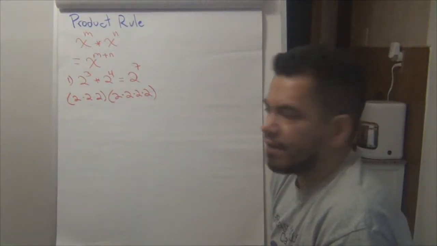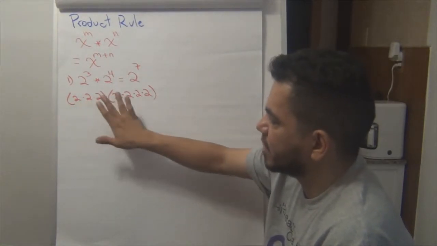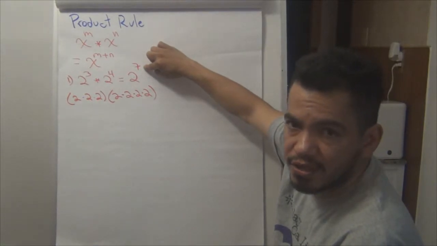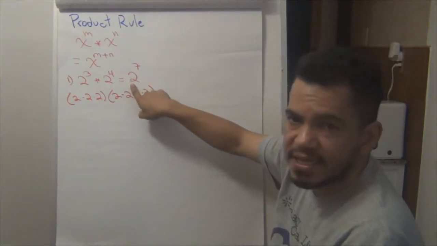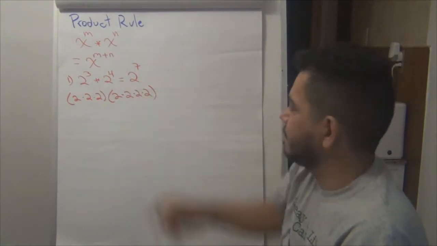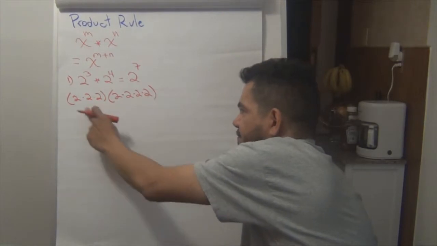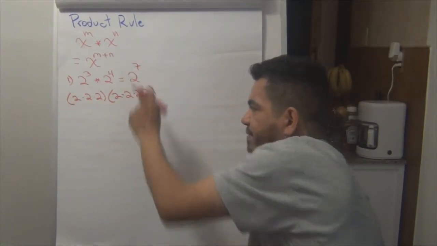So now let's see what we have. We have this times this. So we have 2 times 2 times 2 times 2 times 2 times 2 times 2. And remember what the exponent does. The exponent is the amount of times the base is going to be multiplied by itself. So this is 1, 2, 3, 4, 5, 6, 7. Therefore, 2 to the third times 2 to the fourth is 2 to the seventh.